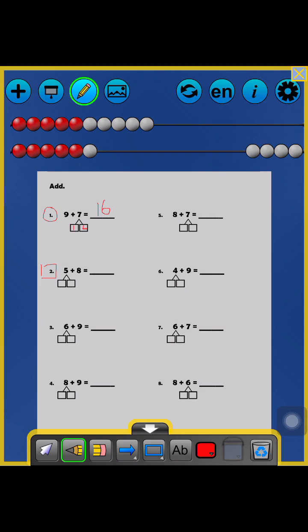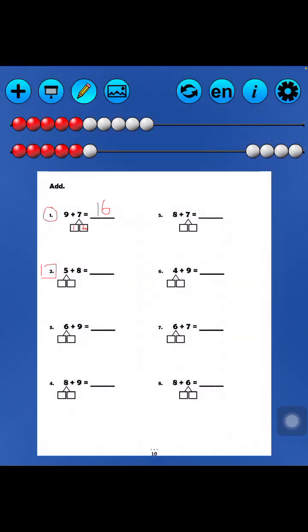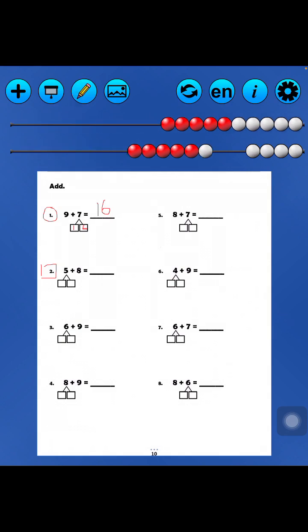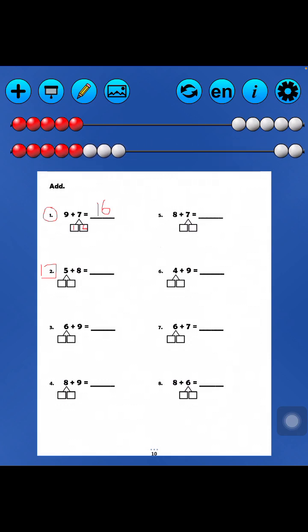First of all, we move all the beads to the right. Then in the first row, we move 5 beads to the left. And then in the second row, we move 8 beads to the left. Now we can see that in the second row, if we move 2 more beads to the left, it can make 10.